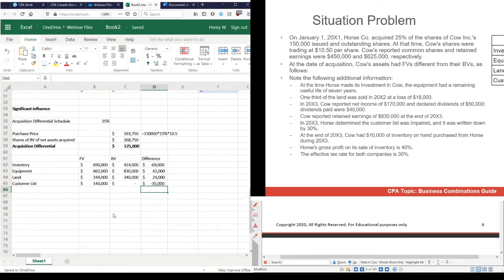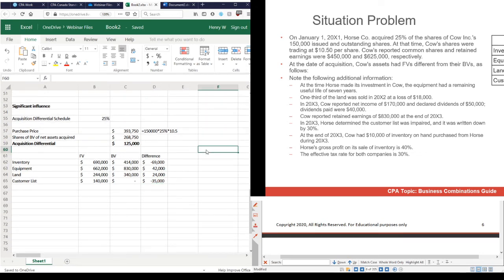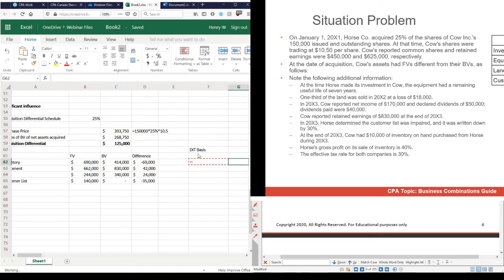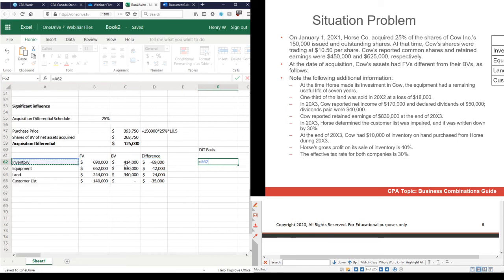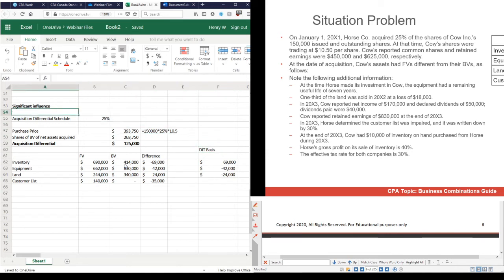And then we're going to work on the taxes. Tax rate is 30%, so I'm just going to put this.